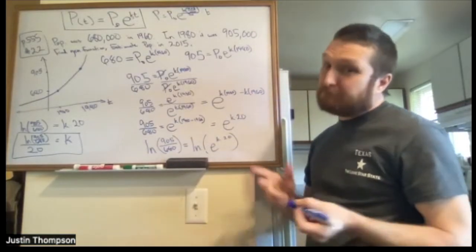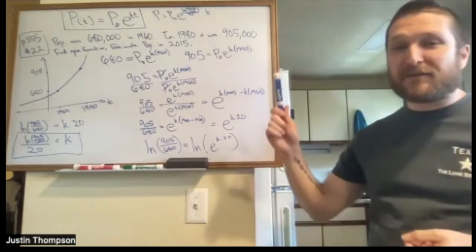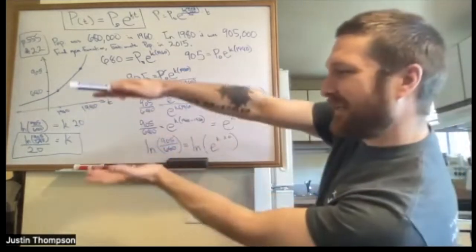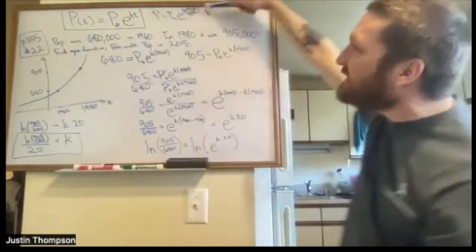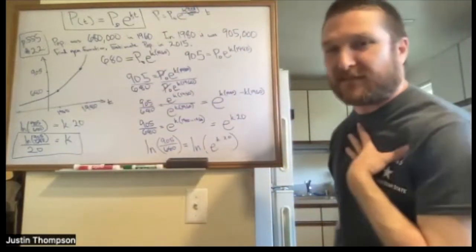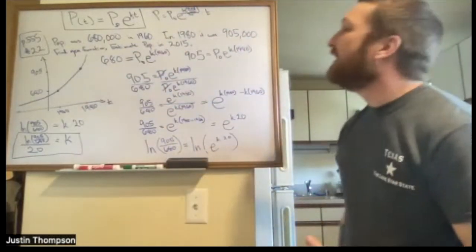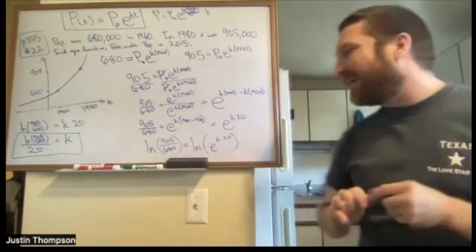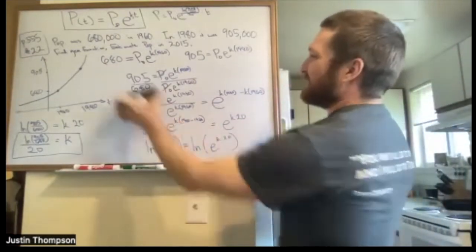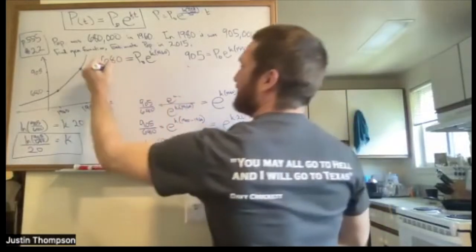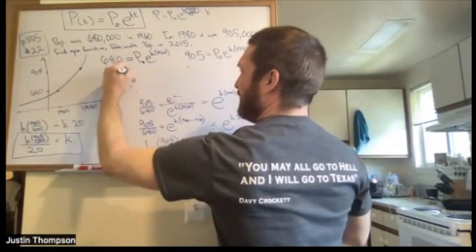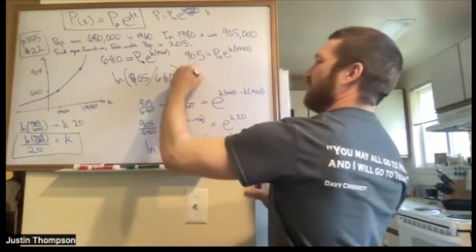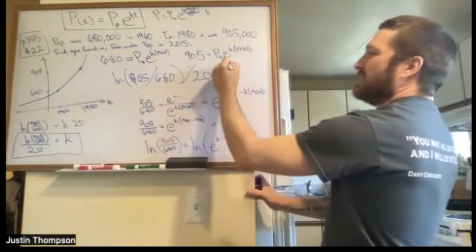But I will learn. Life's going to be a lot easier if you take a little bit of vertical space here, which I didn't up here. I tried to cram it in, and I'm guilty of doing what I'm accusing you of doing. But you do it however you want. If I'm grading stuff that looks like this, 905 over 680 over 20 times t.